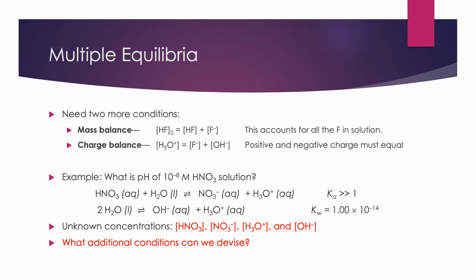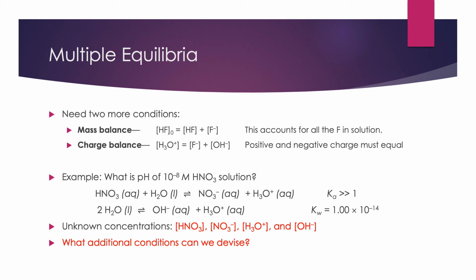Well, we can't produce more positive ions than we have negative ions. So in effect, the charge balance tells us that the total concentration of the positive ions in the solution, which is all hydronium ions at this point, has got to be equal to the sum of the concentrations of the fluoride ion and the hydroxide ion. And only this way will we have a net neutral solution. In other words, it won't have any net charge. So it's just saying all the positive charges in the solution have to equal the same magnitude as all the negative charges in the solution.